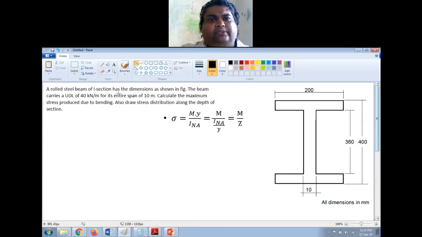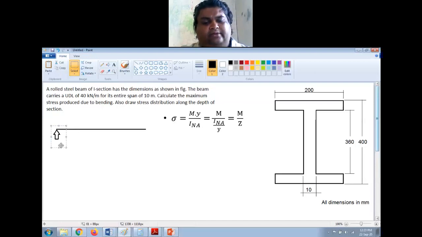I'll draw a simple sketch of this beam, right? He has not mentioned anything about the supports, so I'll assume that it is a simply supported beam. So I'll have a support like this on one end and another support on the other end.